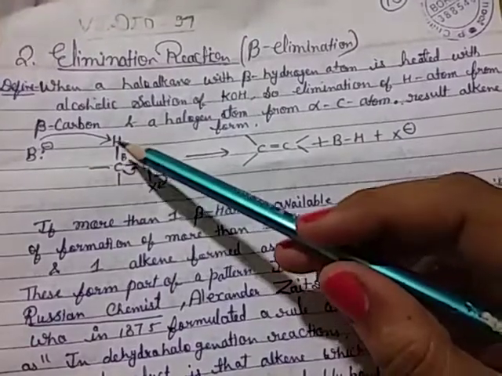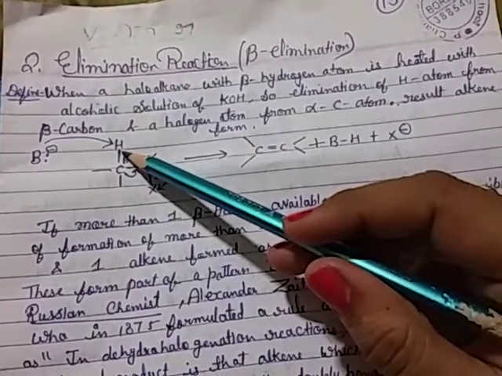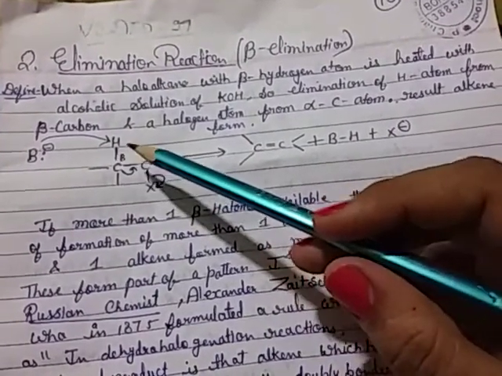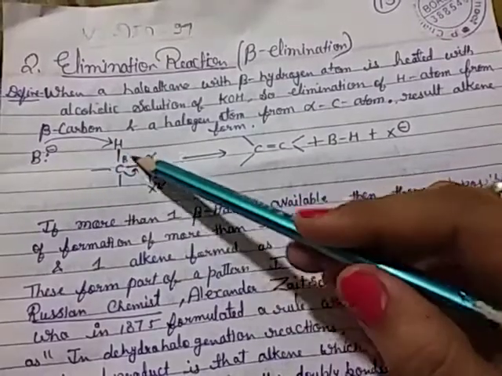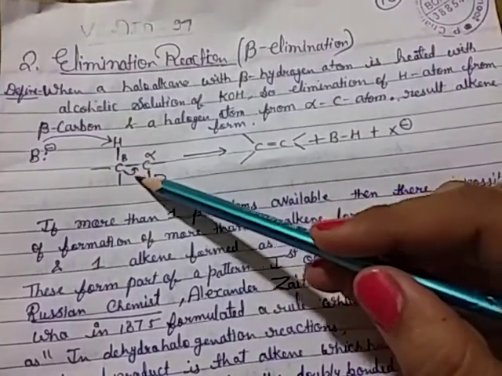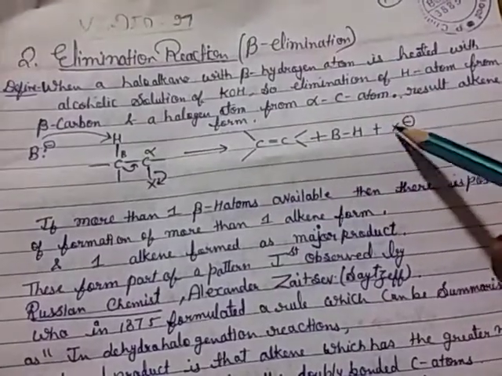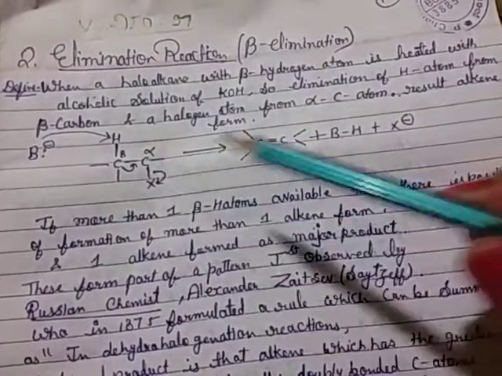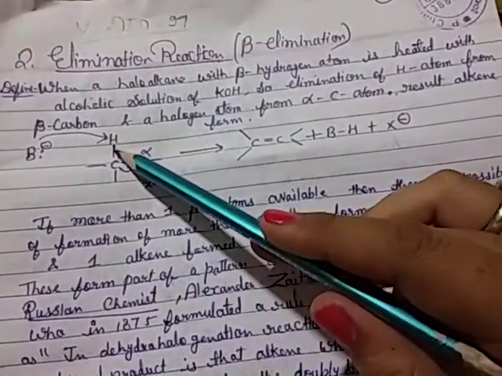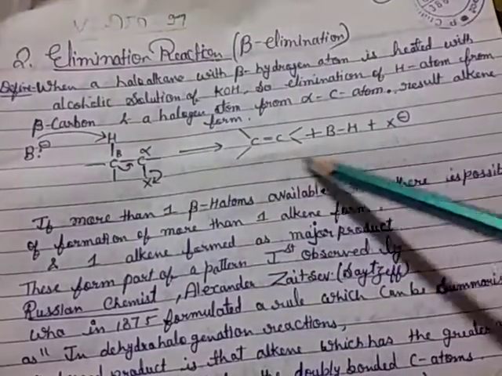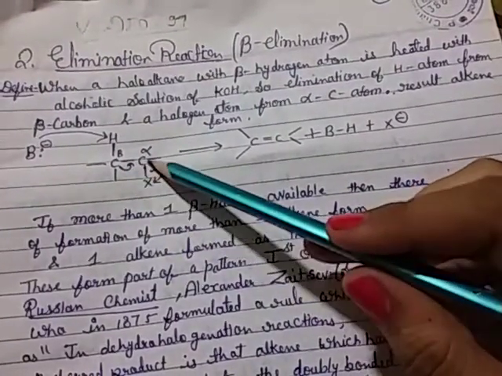The halogen leaves as X minus, the base B reacts with H to form BH, and a double bond forms between the two carbons.